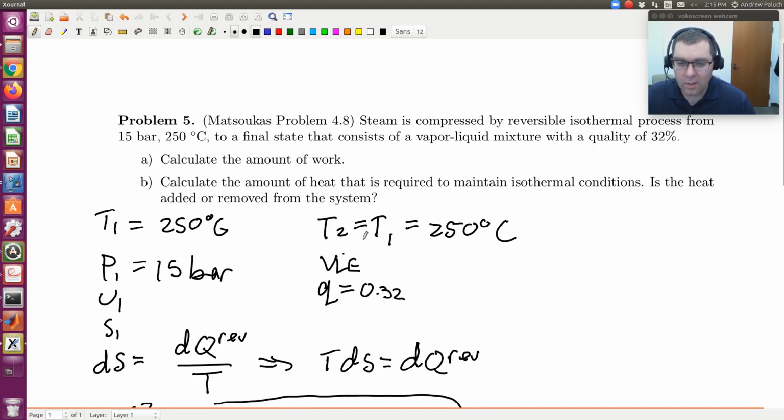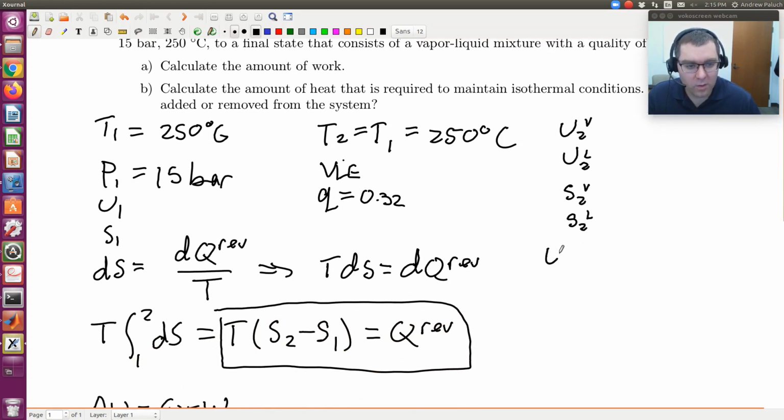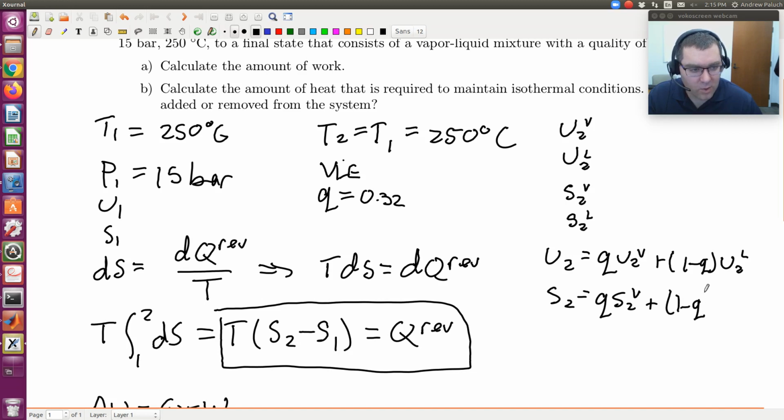And then for state 2, it's a vapor-liquid mixture, so I'll need U2 vapor, U2 liquid, and I'll need S2 vapor and S2 liquid, where U2 will be Q times U2 vapor plus (1 minus Q) times U2 liquid, and S2 will be equal to Q times S2 vapor plus (1 minus Q) times S2 liquid.